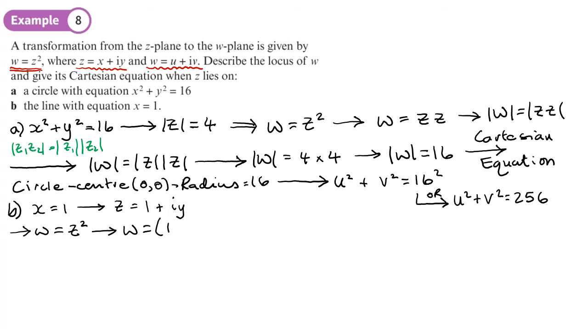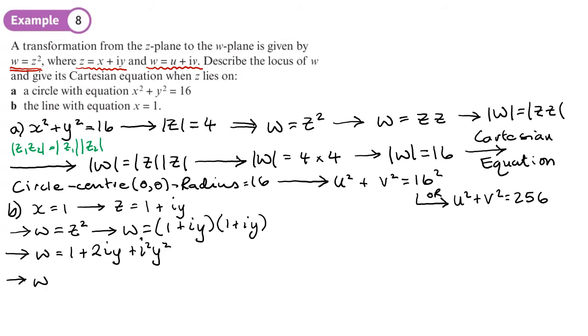So we'll have 1 plus iy times 1 plus iy. Let's expand the brackets and see what we get. So that'll be 1 plus 2iy plus i squared y squared.